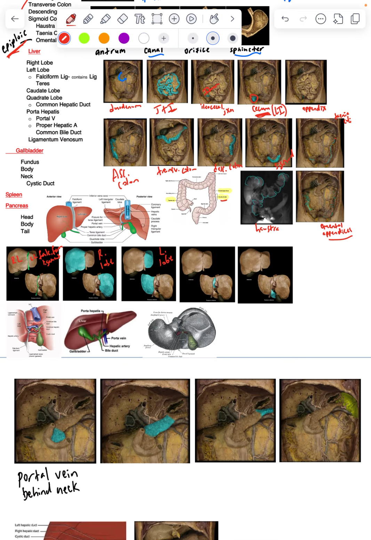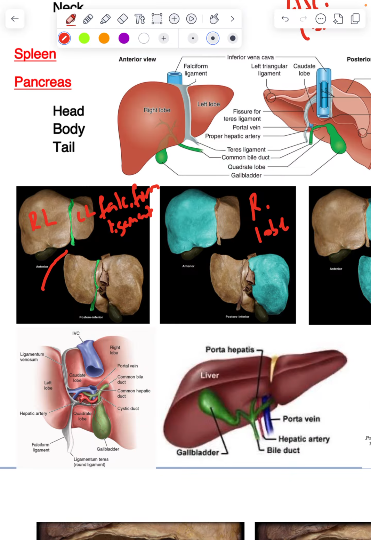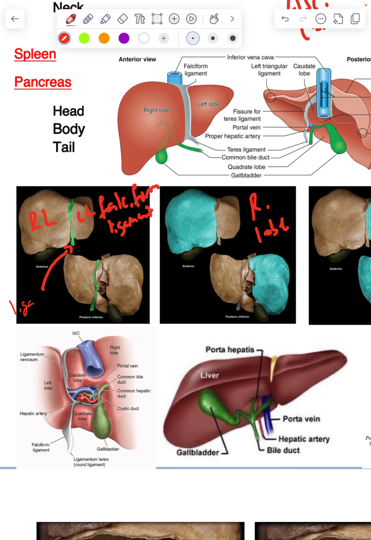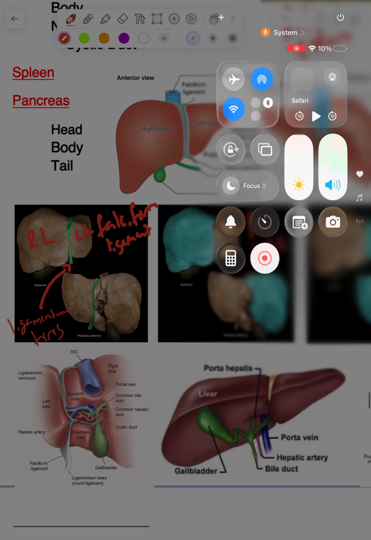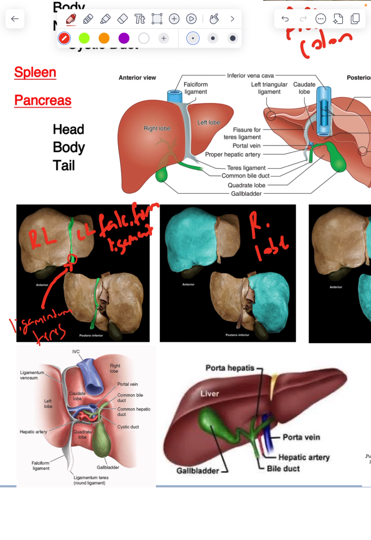At the end of your falciform ligament, right here, it becomes called ligamentum teres. Make sure it's still recording. Okay. So if they pin this tiny thing here, it's ligamentum teres. The whole thing is falciform ligament, though.